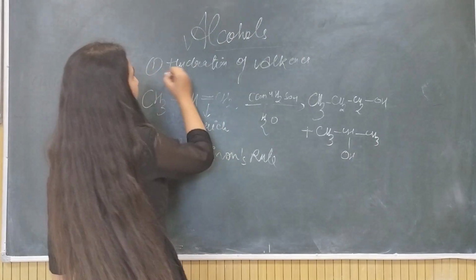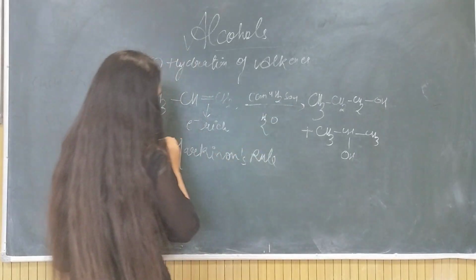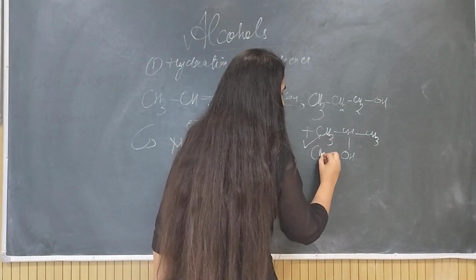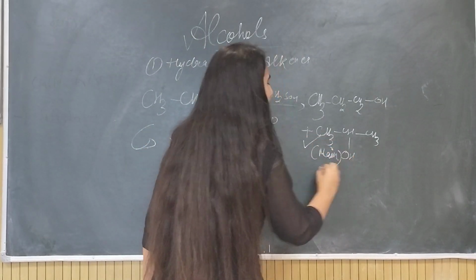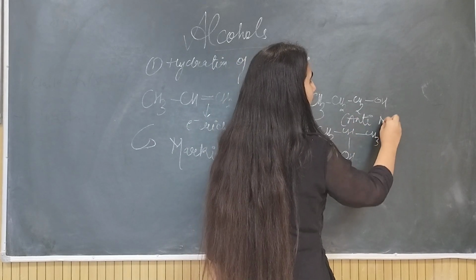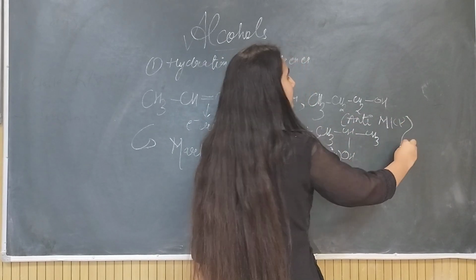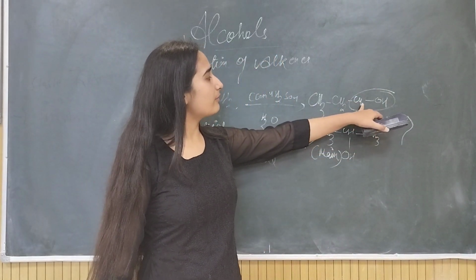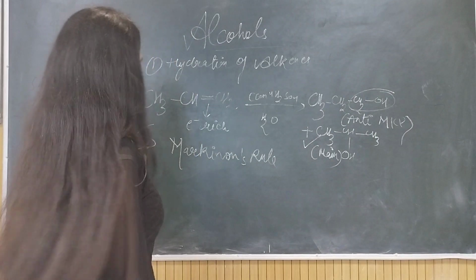So in the hydration of alkene with H2SO4, it follows Markovnikov's rule. So this will be our main product, and the other is anti-Markovnikov's rule, as the hydroxyl group attaches on the carbon which contains more number of hydrogen.